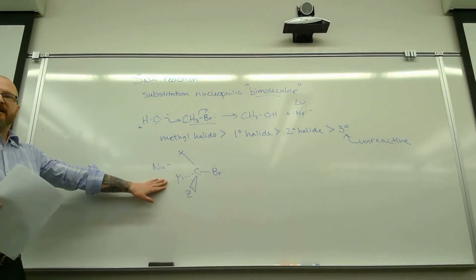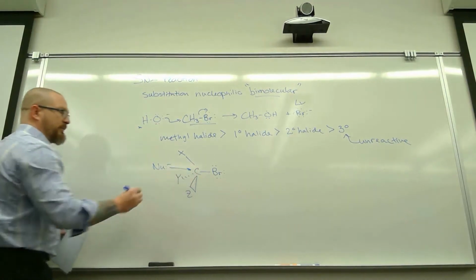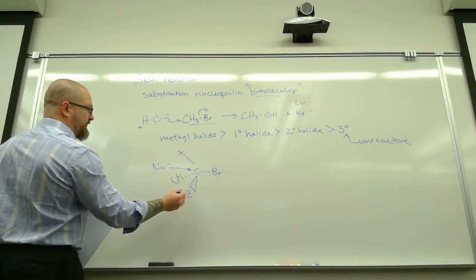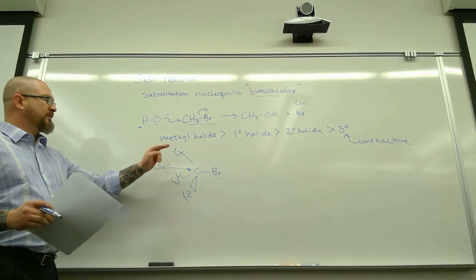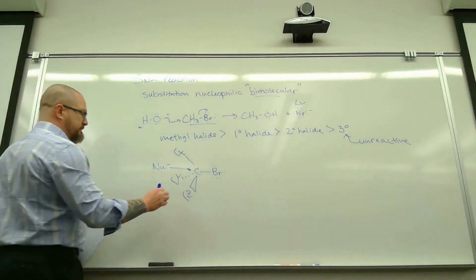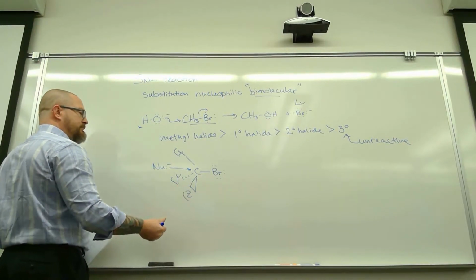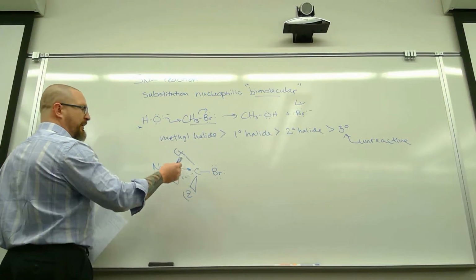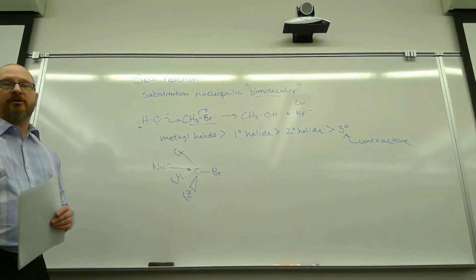We have to have a backside attack for this to take place, which means the antibonding orbital has to be accessible for these electrons to do this attack. If these groups are small, like in a methyl's case, hydrogen, hydrogen, hydrogen, very accessible. If it's primary, hydrogen, hydrogen, carbon, still pretty accessible. Secondary, carbon, carbon, hydrogen, becoming harder to access.